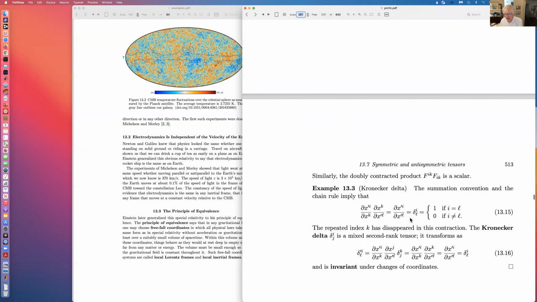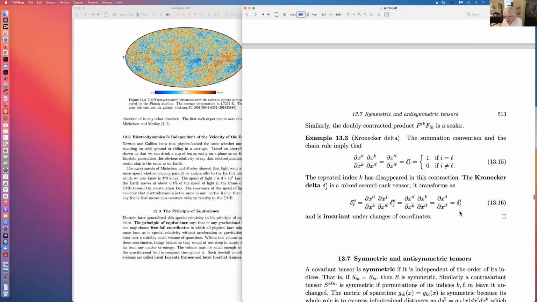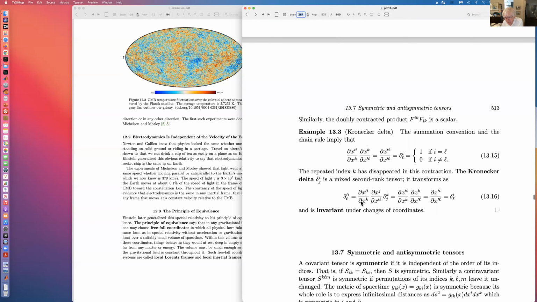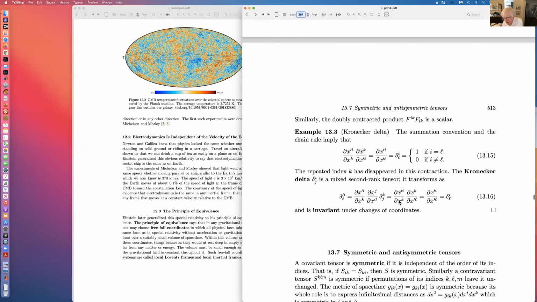And so the sum over K is just the partial of X prime I with respect to X prime L, and that's just either 1 or 0, according to whether I is L or I is not L. It's a mixed second-rank tensor, and the delta prime IL would be like this, and we'd sum over, well, the delta kj makes j equal to k, so we just have this, and then summing over k, we just get the partial of x prime I with respect to x prime L, and that's the Kronecker delta.